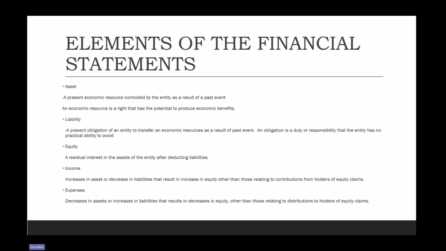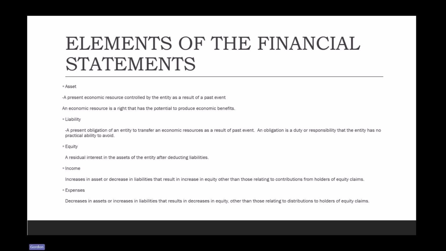So for example, if my accounts receivable increases, right? Accounts receivable is an asset, that's a debtor. My income also increases, right? That is what it's saying. So it's an increase in an asset or a decrease in liability. If I have my liability decreasing, then it also leads to an income.